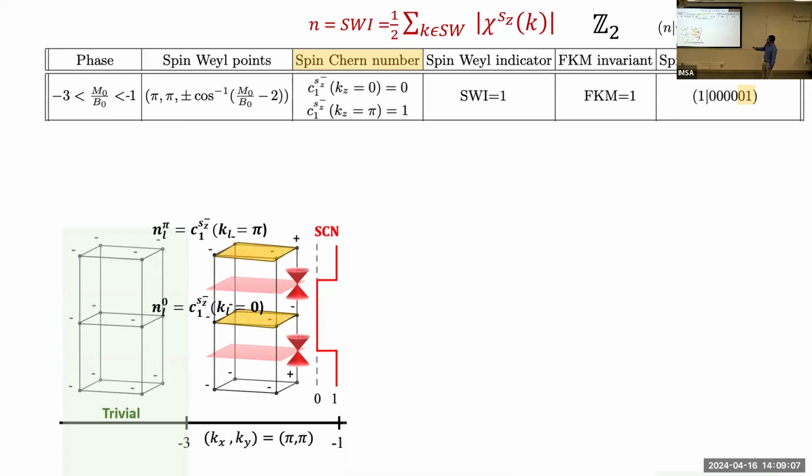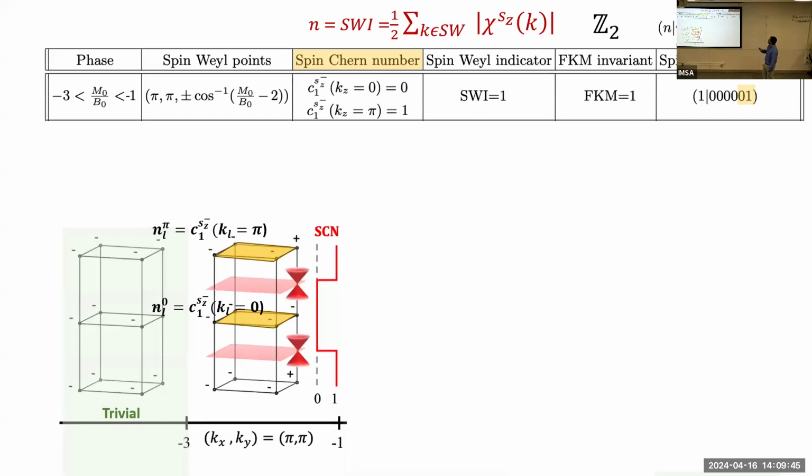And also we can characterize the phase with the spin Chern number of the Kc equal pi, Kc equal 0, that is the spin Chern number of the top and bottom, our driven zone. And also I can calculate the parity of the eigenvalues. So we have, for example, this point change in the parity of the eigenvalue. And for this we can calculate the spin Weyl indicator and the Fu-Kane invariant, also the C2 invariant is equal to 1 for this phase.